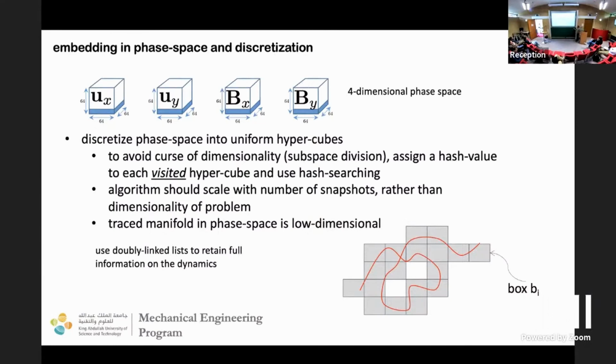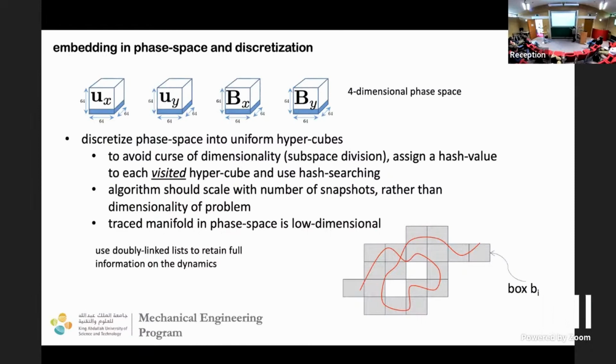But we're going to make the assumption that the manifold on which the phase space actually goes around is very much sparser than the entire number of boxes that you have. And you see later on, I think we have 1,700 boxes that are actually needed to represent the phase space dynamics over 1 million boxes that are possibly in that high dimensional phase space.